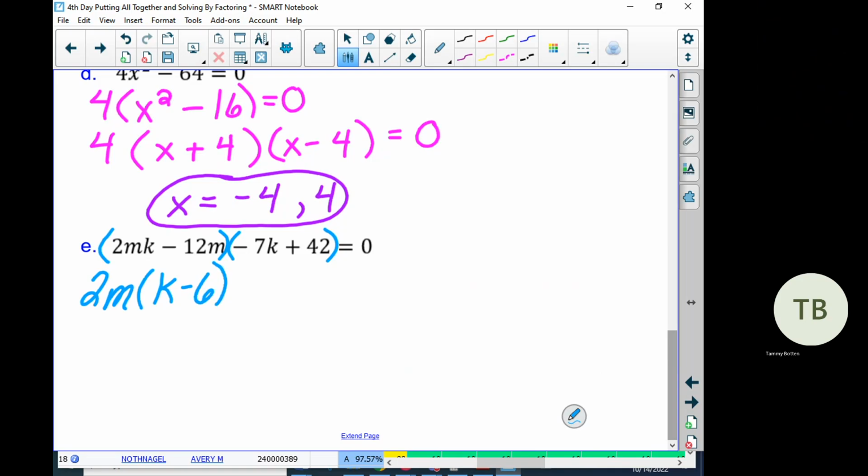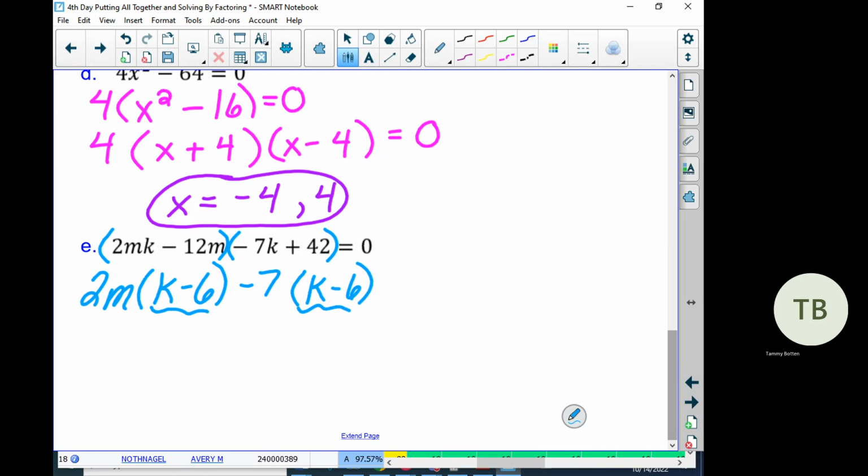Now, if you remember, we talked yesterday, if there is a third term in your factor by grouping that has a minus sign, I kind of cheat and I write the K -6 here because I know these two have to be the same. And then I look at what should go in front here, like what times K would give me a -7K, and that's -7.